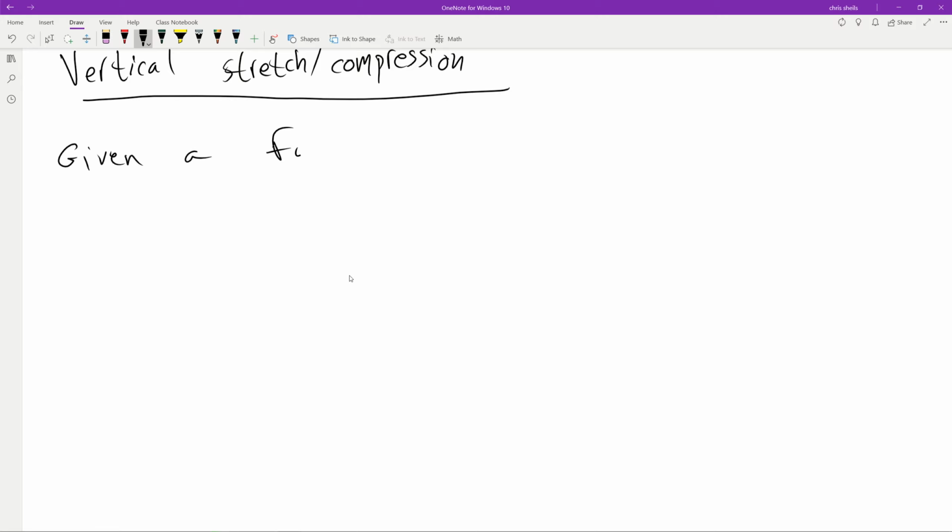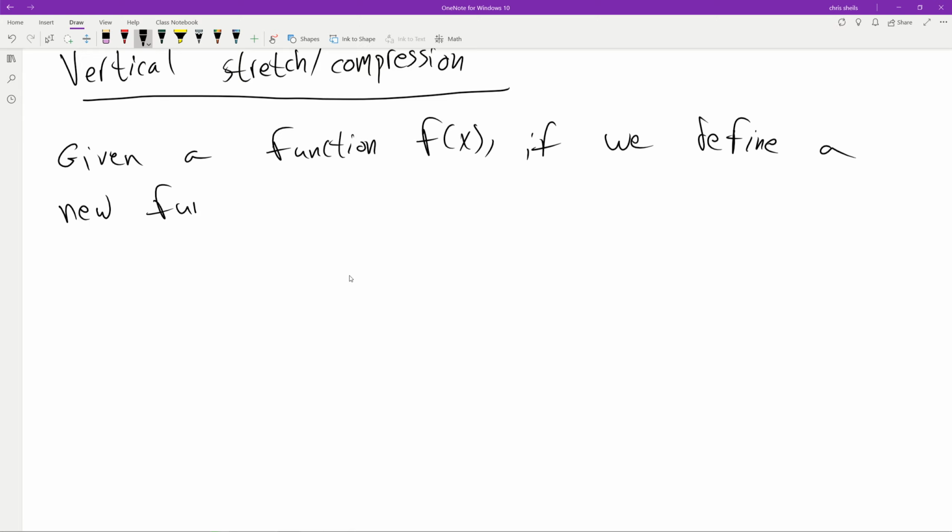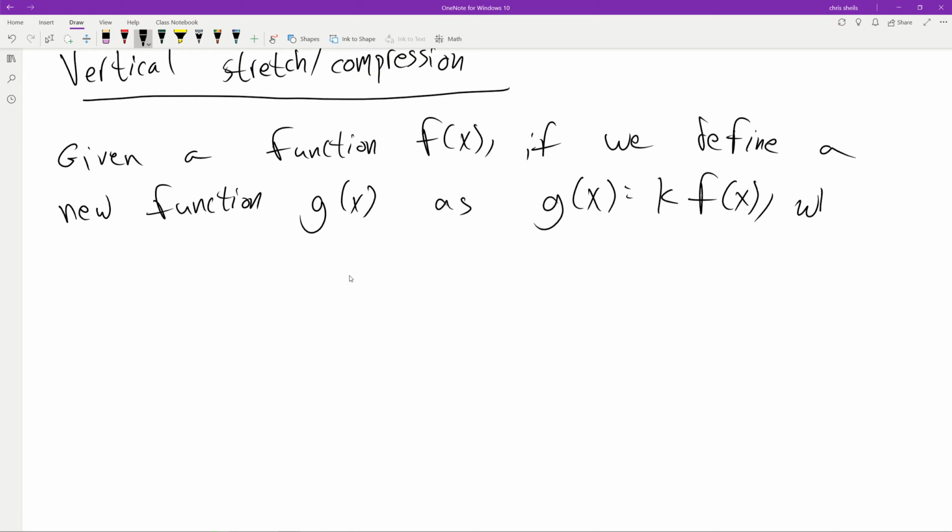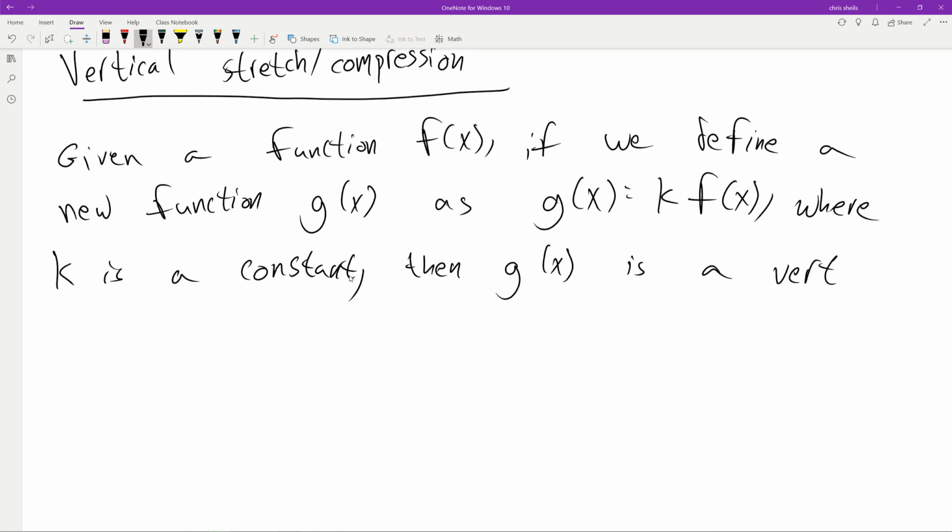So given a function f of x, if we define a new function g of x as g of x equals k times f of x, where k is a constant, then g of x is a vertical stretch or compression of the function f of x.